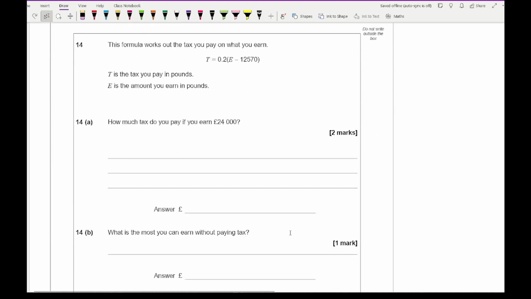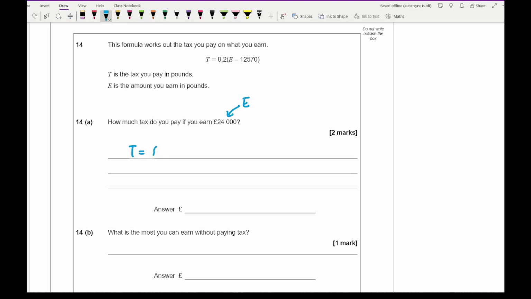Moving on to question 14, it says this formula works out the tax you pay on what you earn, and it says t equals 0.2 times (e minus 12,570), where t is the tax you pay in pounds and e is how much you earn. So the question then says, how much tax would you pay if you earn £24,000? So all I need to do is substitute this value of e into the formula.